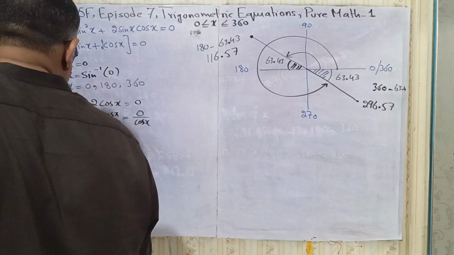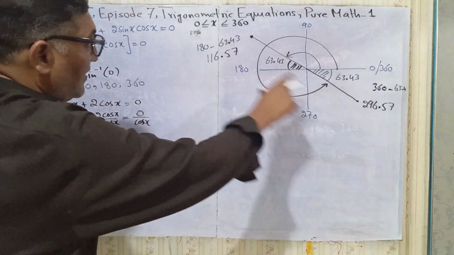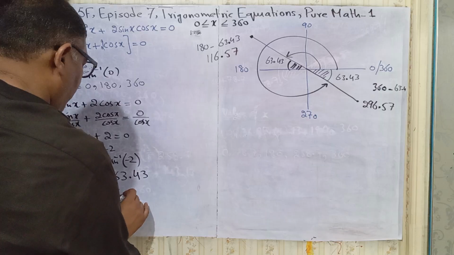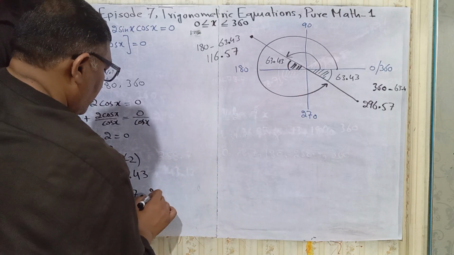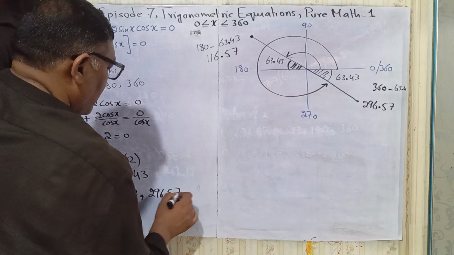So my x values, this is not my x value. Okay, this is just because this is negative, I'm not going to take the negative. This is 116.57, and the other value is 296.57. Okay.